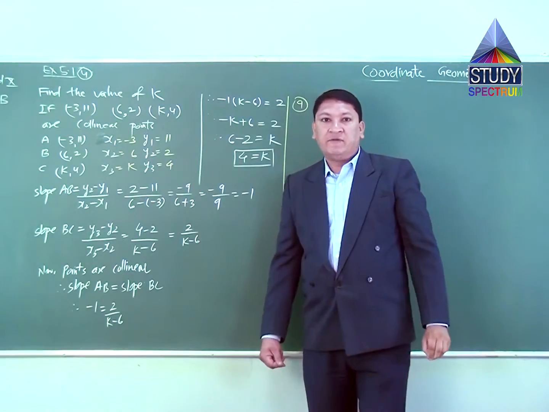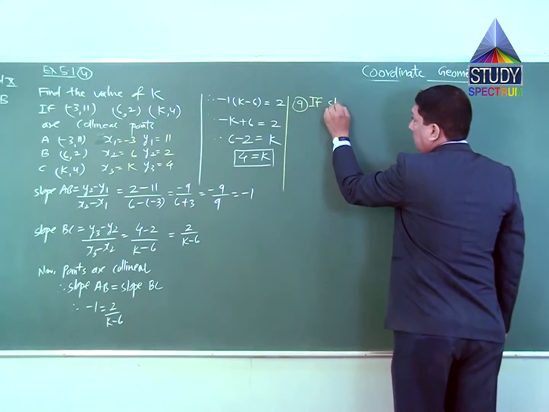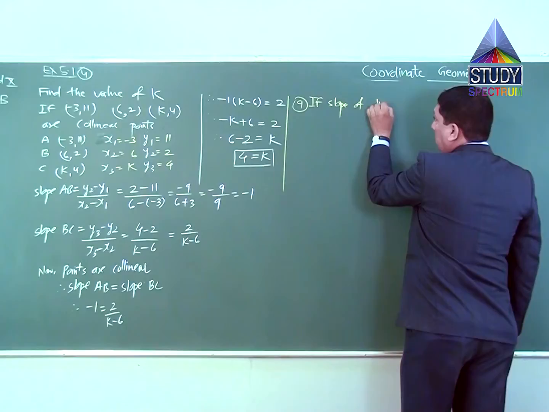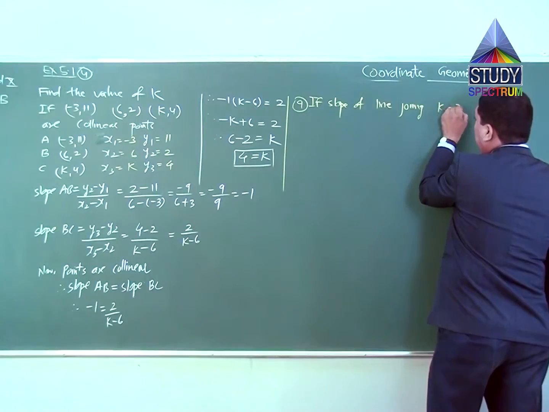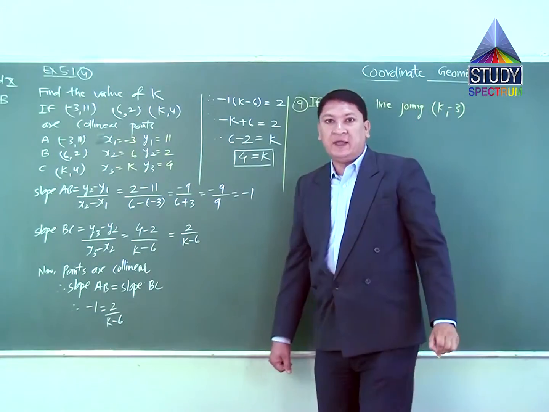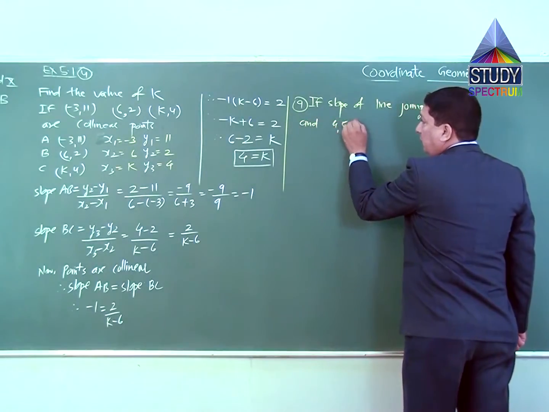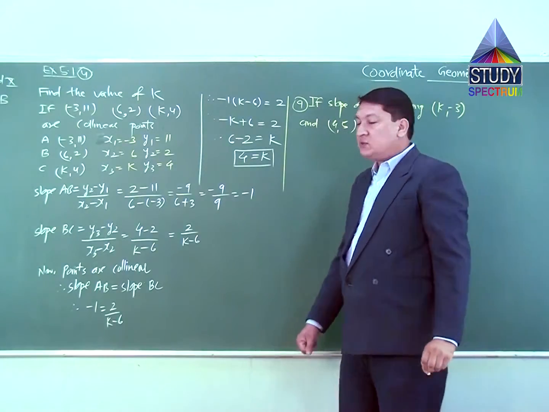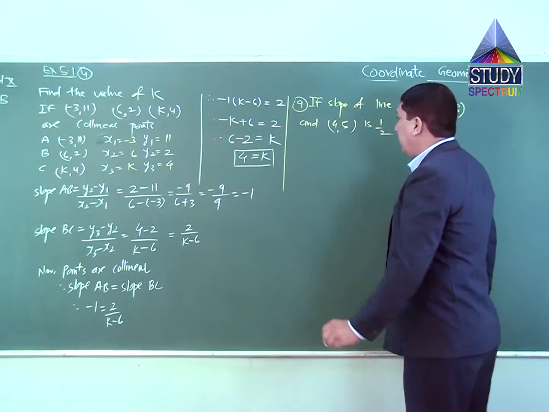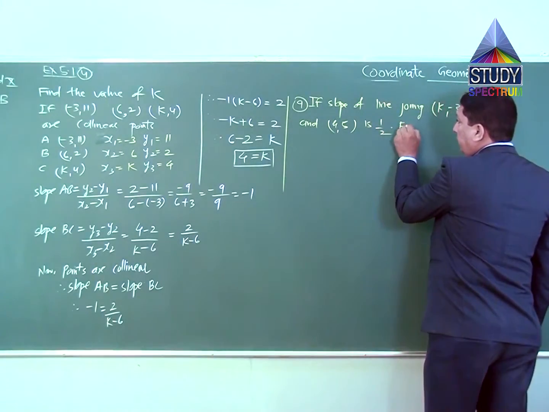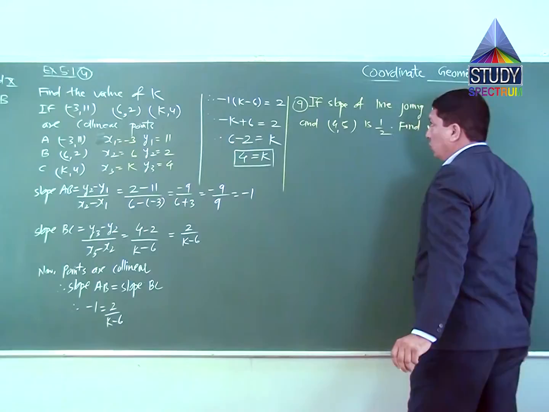Question is, if slope of a line joining (K, minus 3), again K over here, and (4, 5) is 1 upon 2, then find the value of K. Question goes this way.